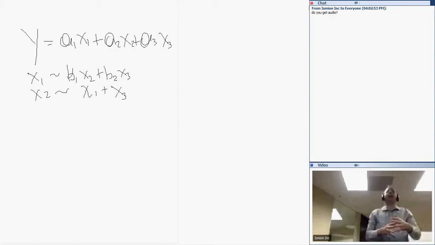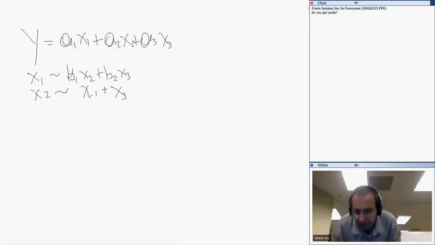So I'm making a hypothesis that my X1 is linearly dependent on the other two. I run the regression, and then there is a formula where you plug that in and it tells you how significant your hypothesis is, if it is true. That's a very legitimate way to compute collinearities and throw them out of the model.